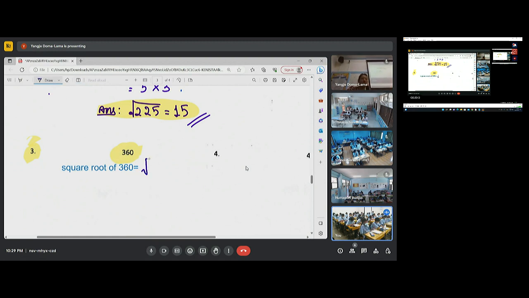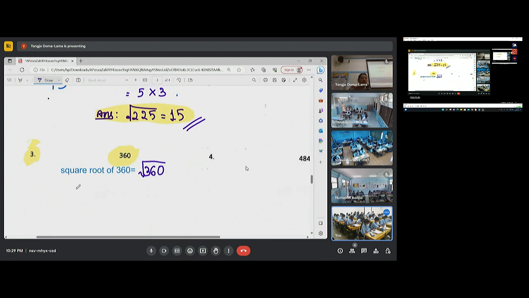Root under 360. Okay? This is the square root of 360. It is root 360. So did you factorize? Did you factorize? Okay, if you not yet factorize, I will show you here.